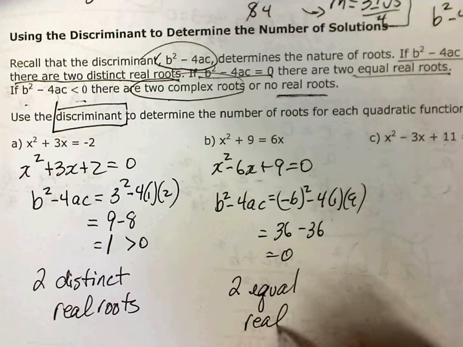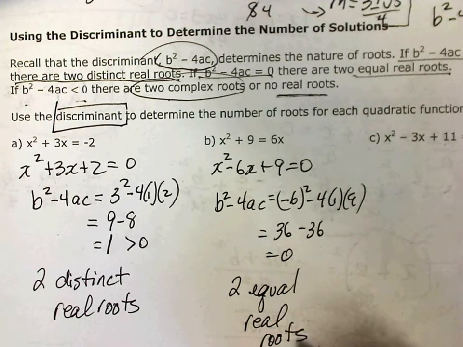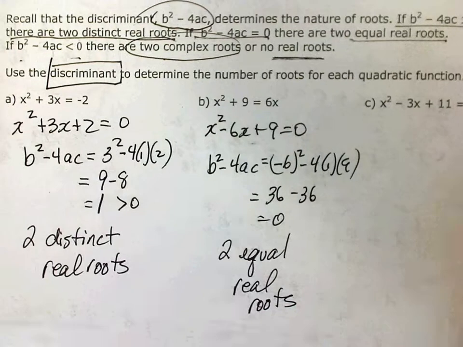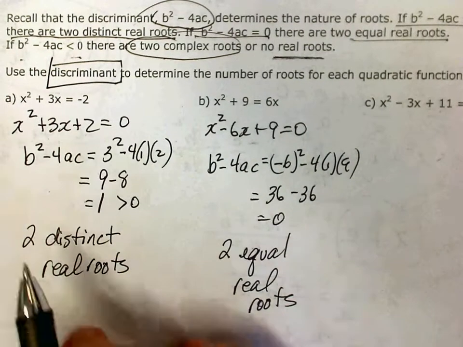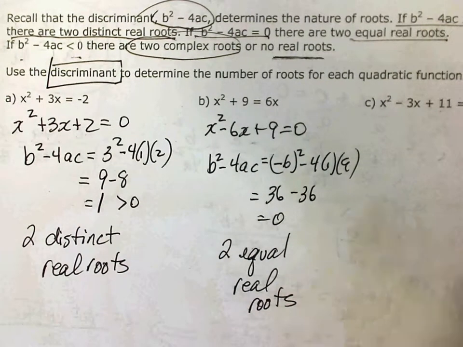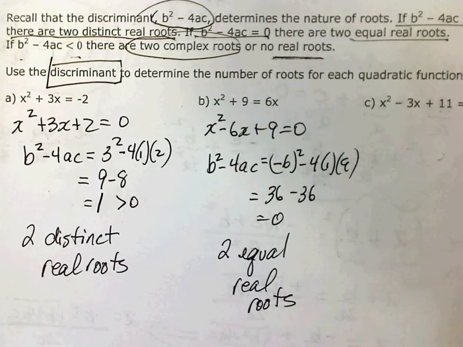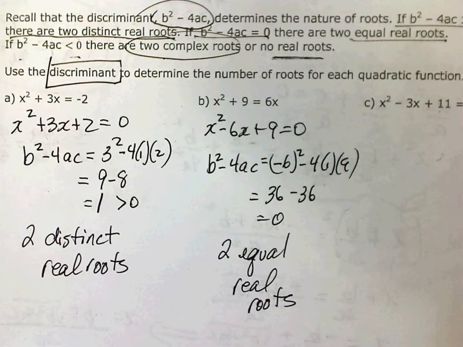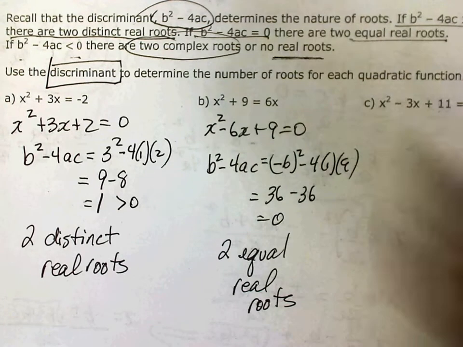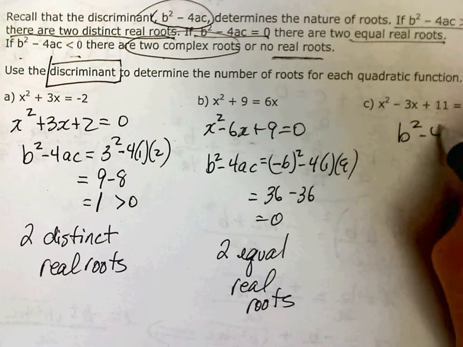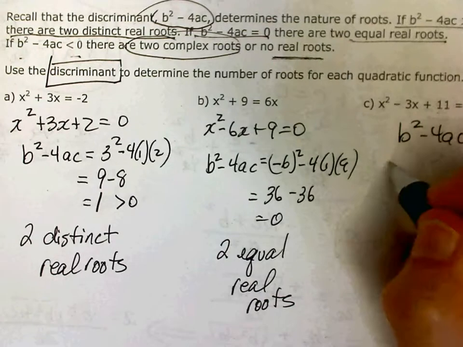Just try to be consistent. Always use 2, 2, 2, as strange as it seems. b squared minus 4ac equals negative 3 squared minus 4 times 1 times 11.